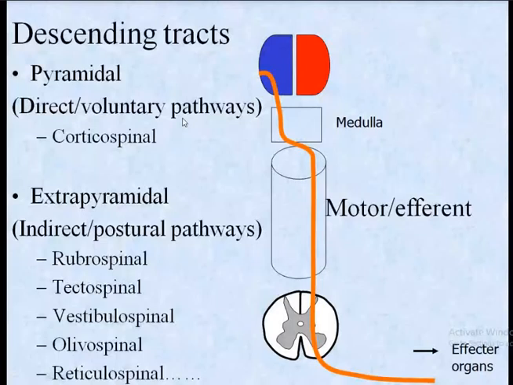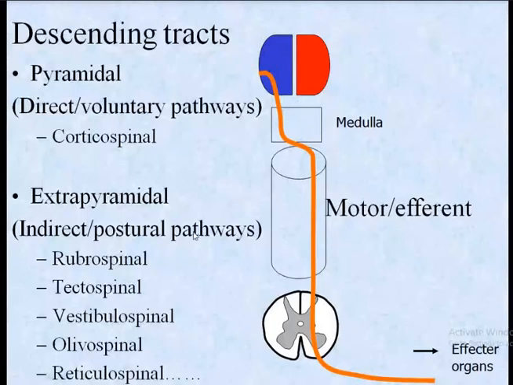The rest of the descending tracts are mainly concerned with postural maintenance and equilibrium, and are known as the extrapyramidal pathway. As a general concept, the pyramidal pathway is concerned with voluntary movement and the extrapyramidal pathway with postural and equilibrium maintenance.